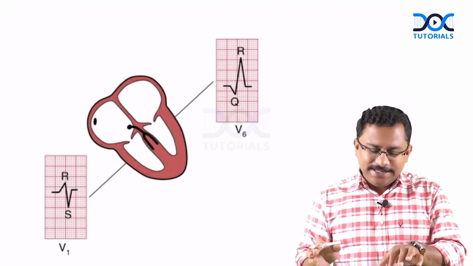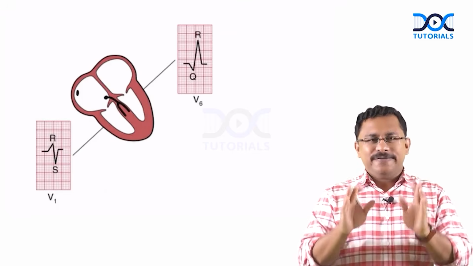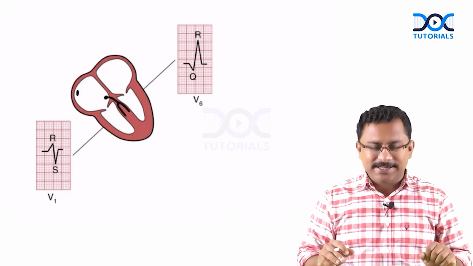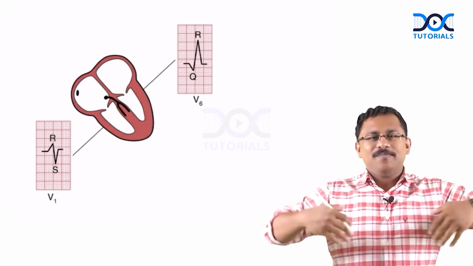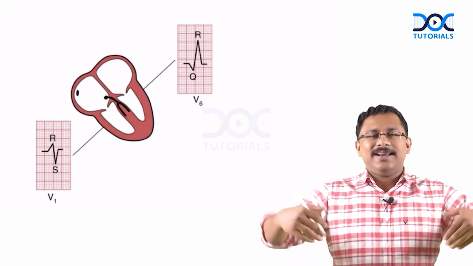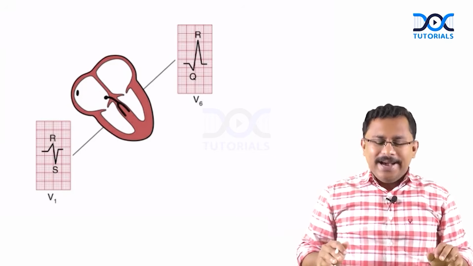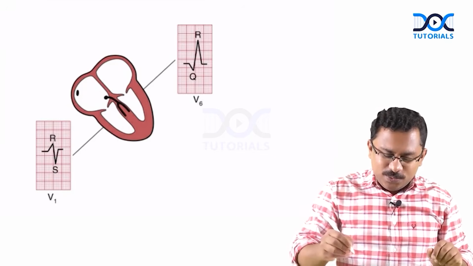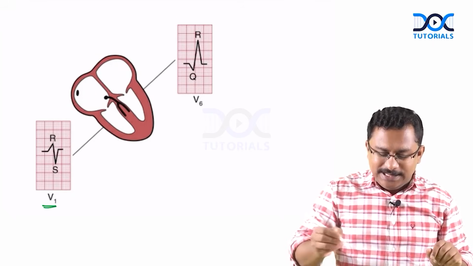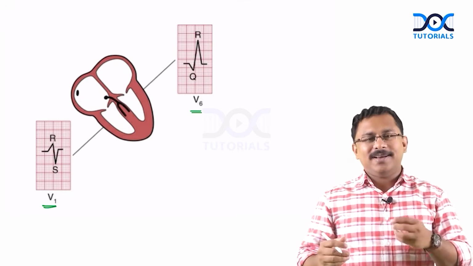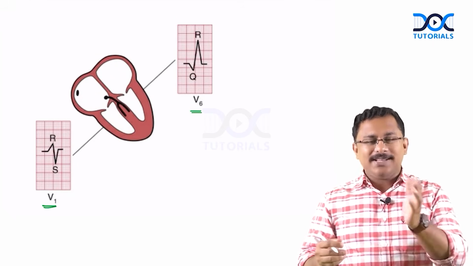The next point is the final step of depolarization. The impulse is moving from the apical region to the base, and it comes back to the baseline. So you can see the shape of the QRS in V1 as well as V6. Which lead is more likely to show the Q wave?